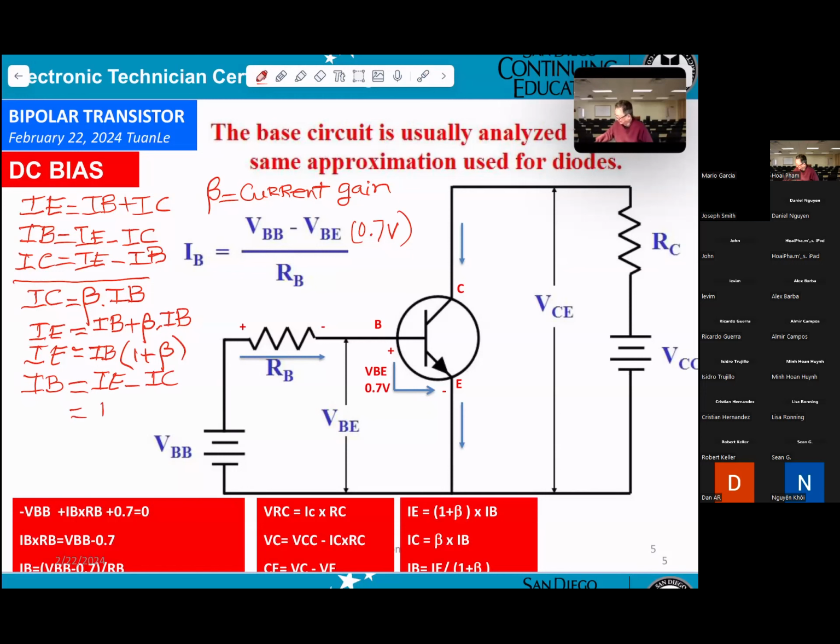Basically, IC equal beta times IB. So IB plus beta IB equal IE.